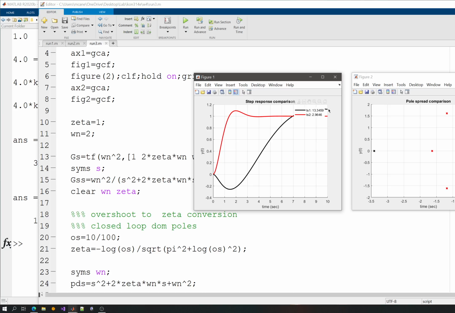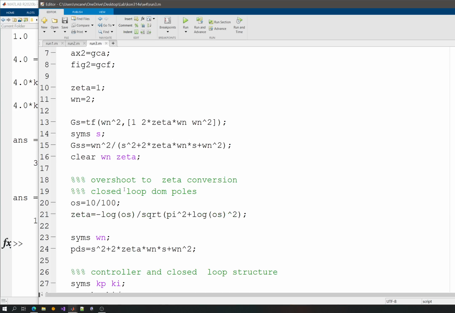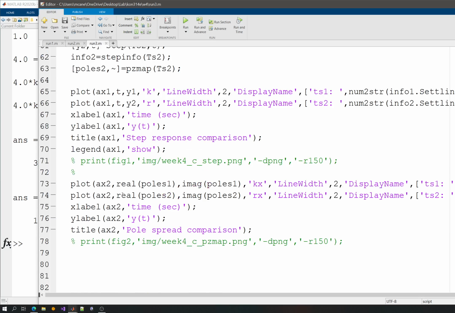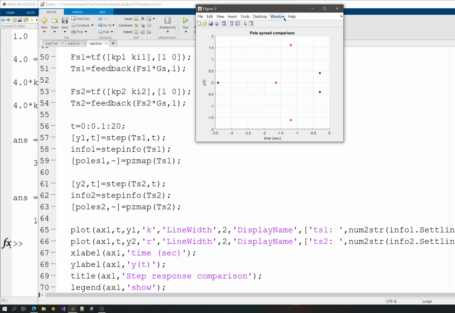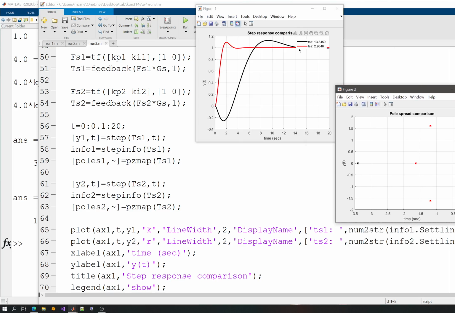I don't say that this isn't 10%, because if I increase the time here, I might see that it should also have the same zeta value or same overshoot characteristics, because I was trying to set the settling time, the overshoot value here, and you can see that it doesn't affect that much.